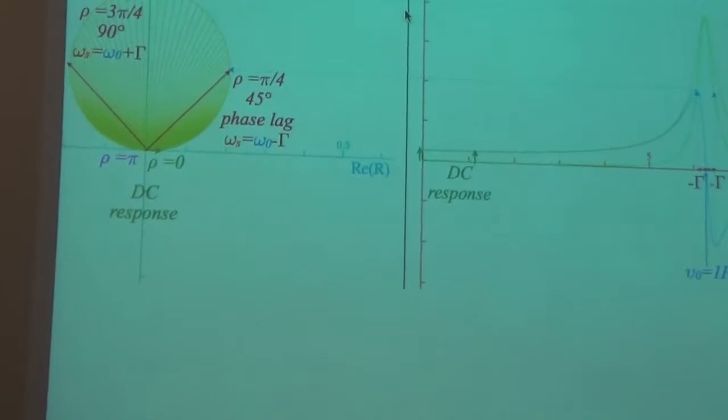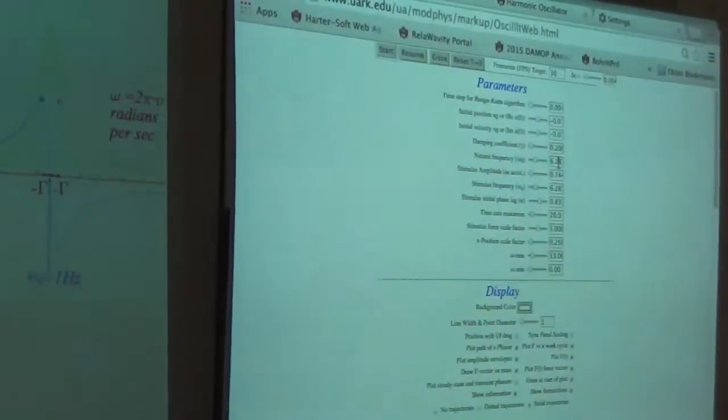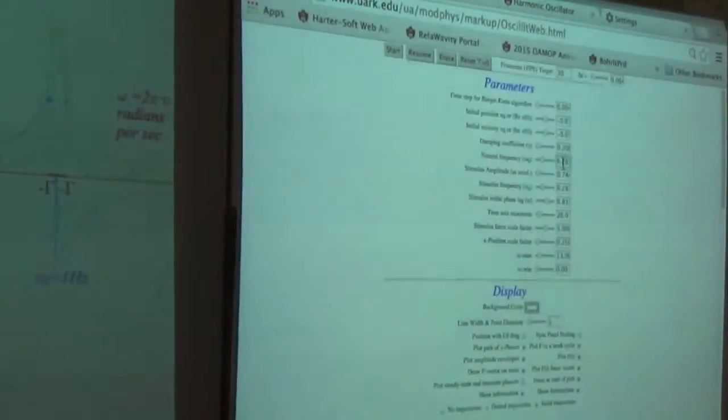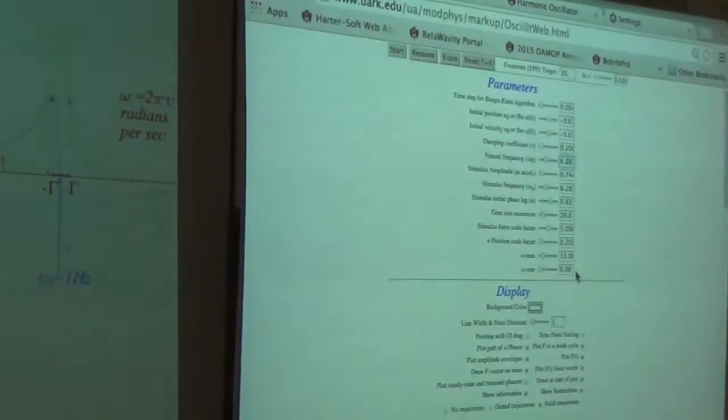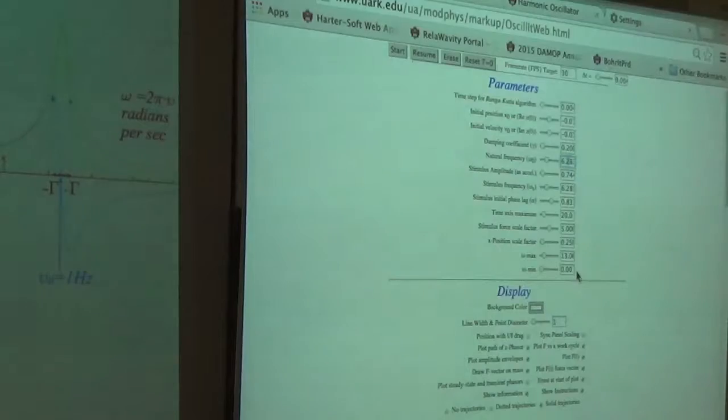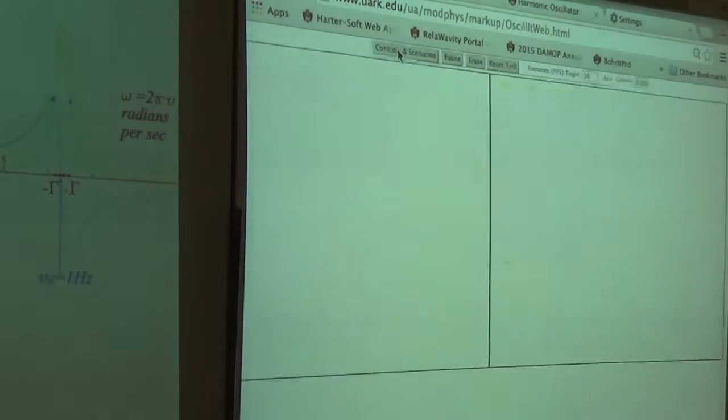So I will go on this one and set in that number. That is, I'll go here on the natural frequency, instead of having 6283, we'll now put 6483. And then go ahead and start. I'll reset the time equal to 0 and start. See how that goes.